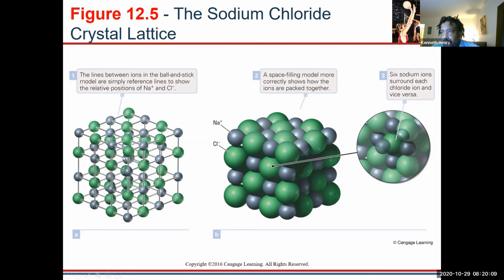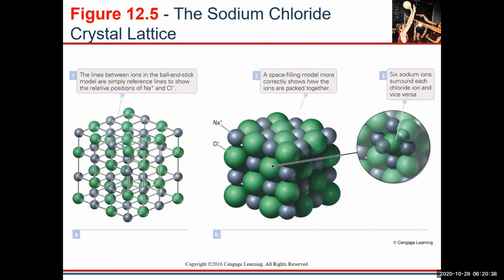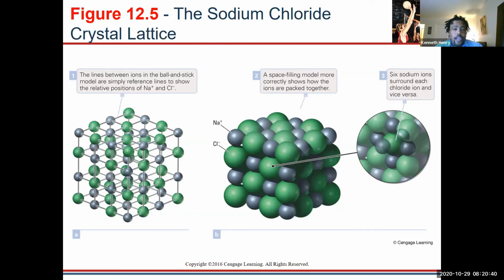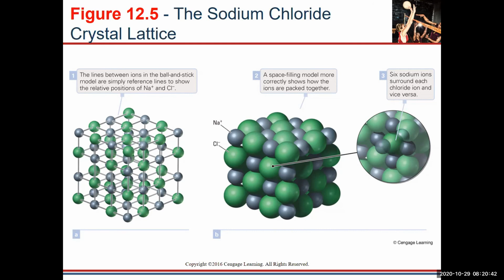So it surrounds it, right? Because it's positive, those negatives are going to be interacting with it. And the same thing is going to happen to the chlorine by the sodiums. It's going to surround it. This forms a crystal lattice, okay? Do you guys kind of see how it works? So everything's surrounded by the other atom.